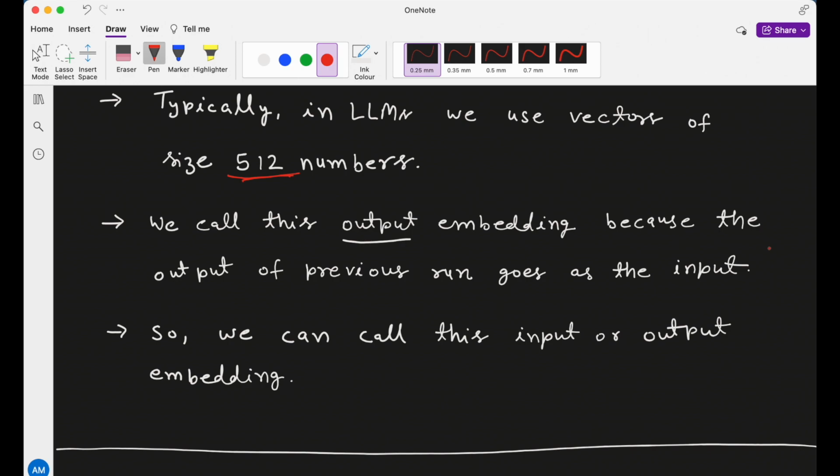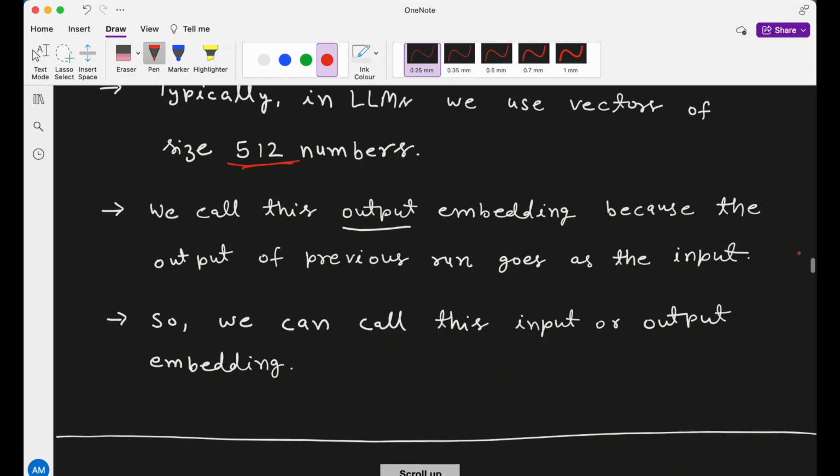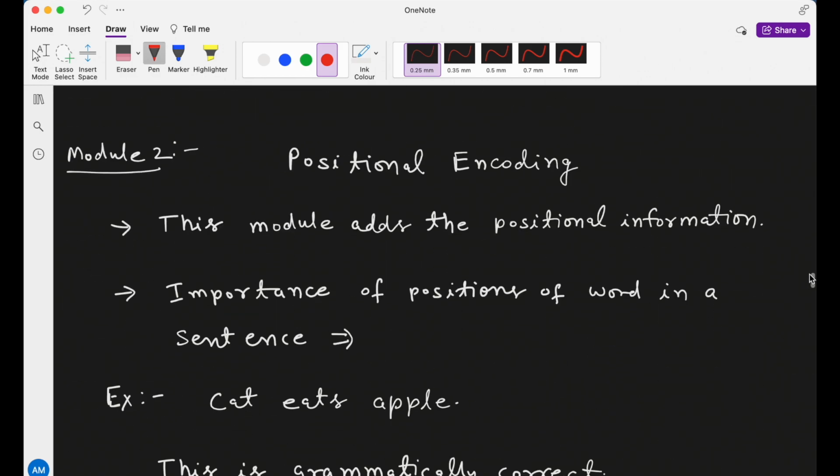Then again the output goes back to the model and it generates the next word. That's how it works. So the output of the first run goes again to the model as the input, so that's why we can call this input embedding or the output embedding. So this was the first module.